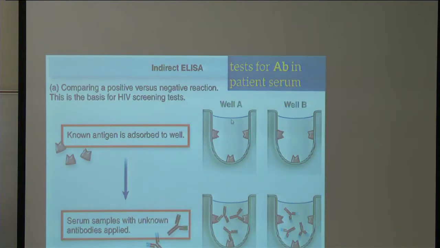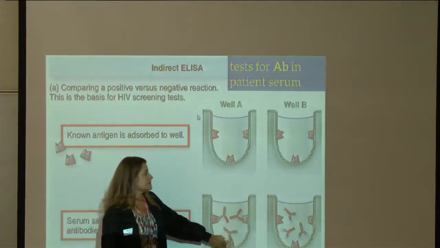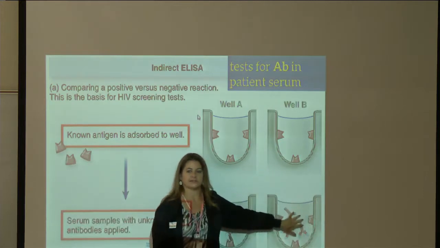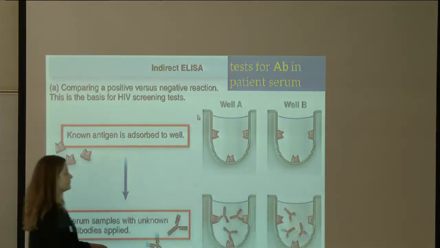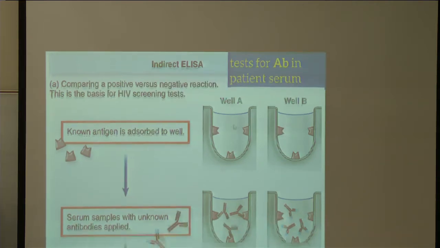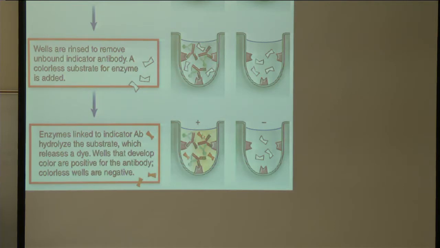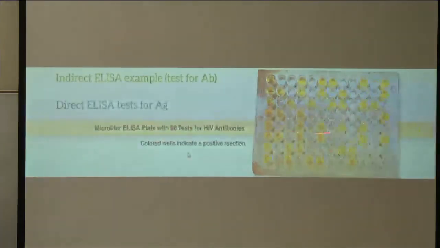So what we're going to do is look at a positive reaction versus a negative reaction. This would be what we're going to see in a patient's well that's positive, and what we're going to see in a patient's well that's negative. See the difference. And again, with your naked eye, you're not going to be able to see anything until we get to the end. You're going to see the color change yellow versus no color change. You can't see all these little molecules. You just see color change.